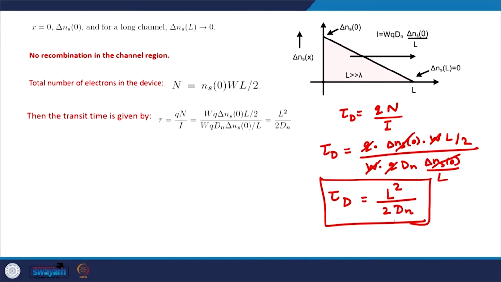So, this is the transit time, this is the characteristic time in the case of diffusive transport.